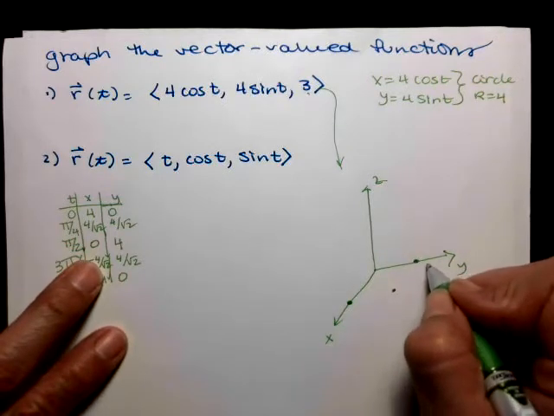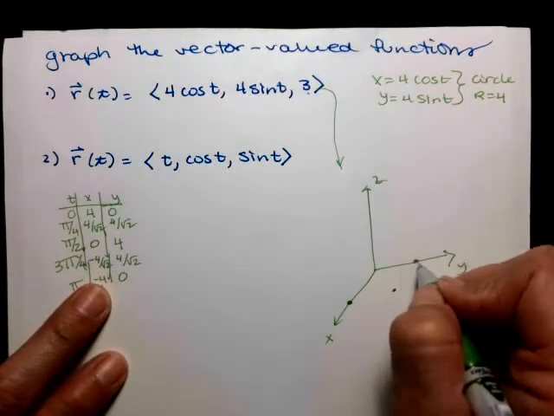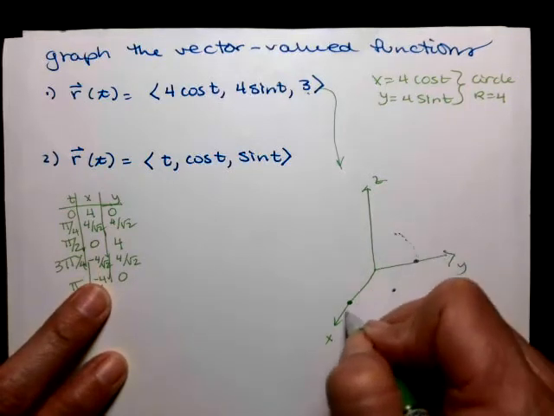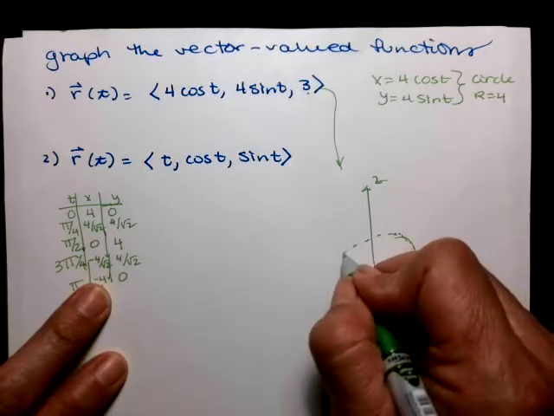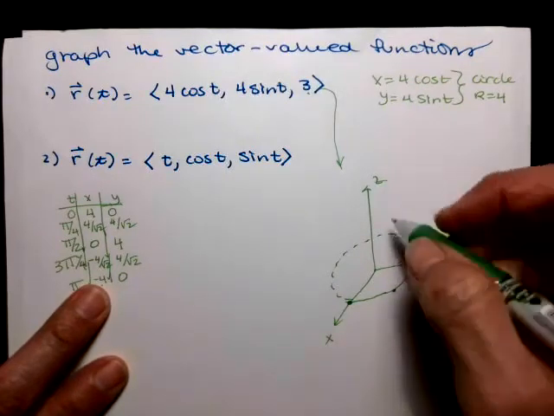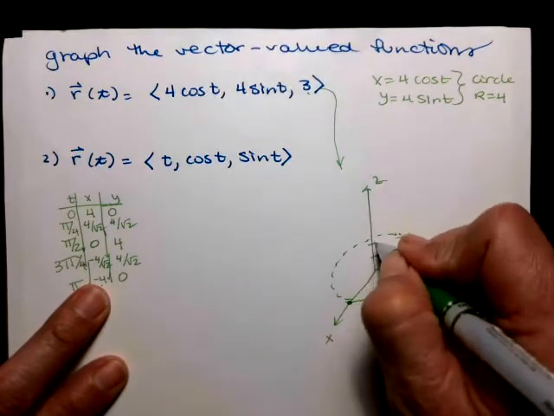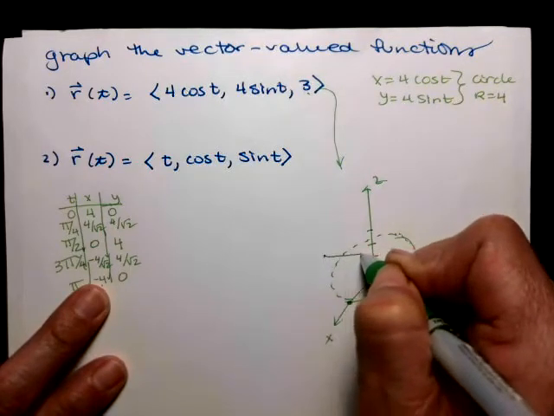Here's 0, 4 on the y-axis. And then my x goes negative, but my y is still positive, so I'm swooping back around. So it's going to be this circle. Oh my gosh, and me and my drawing. So that's going to be a circle, but then I have to lift it up 3. So I'm going to go up 3 on the z-axis and then draw that circle of radius 4.